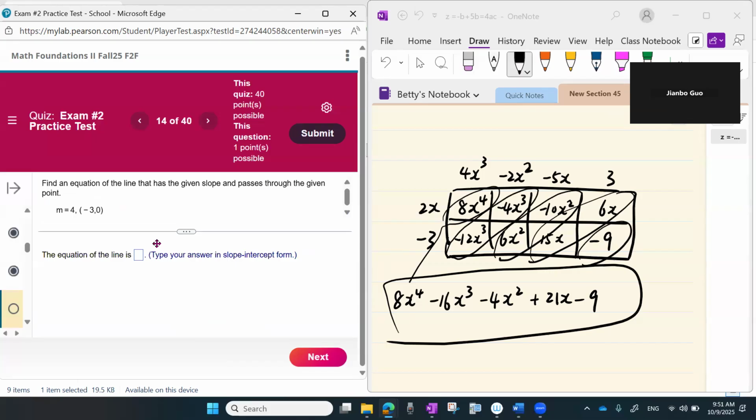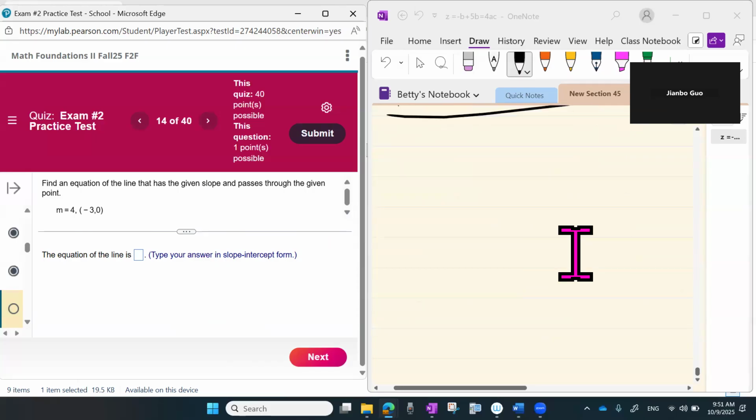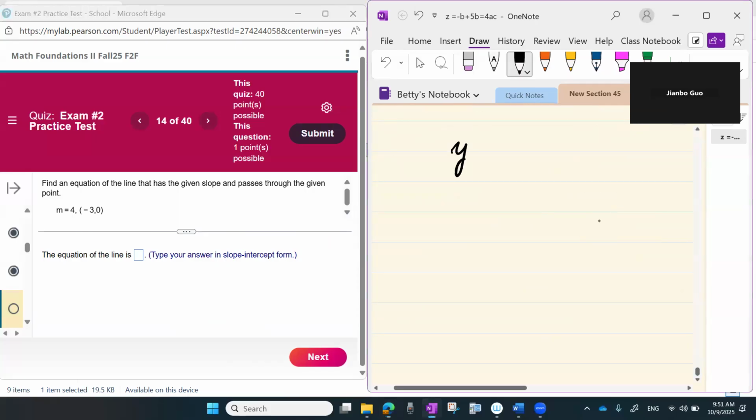Number 14. Find an equation of the line that has the given slope and passes through the given point. We had a similar problem earlier, right? Since the slope is given, the equation can be written as y equals 4x plus b. Slope is 4.